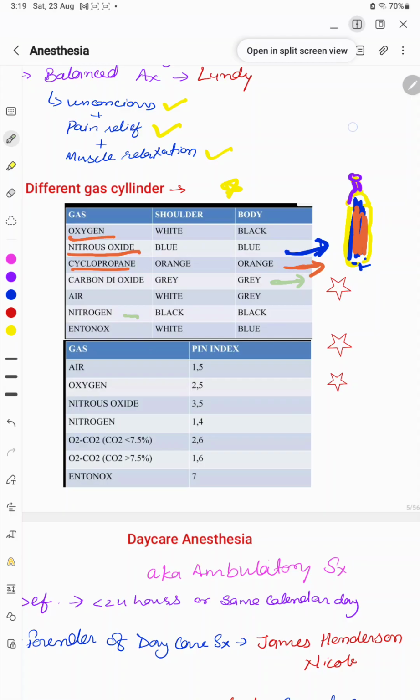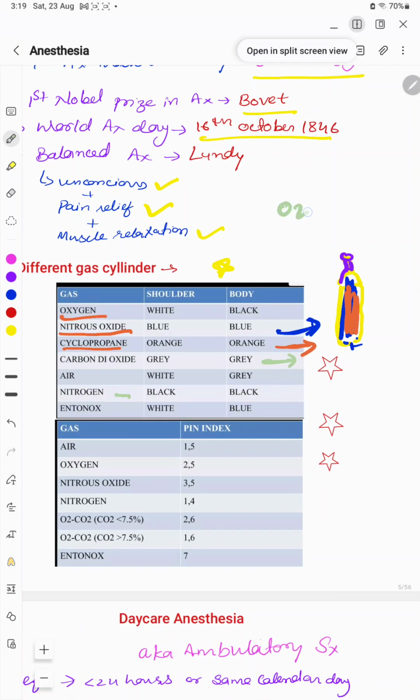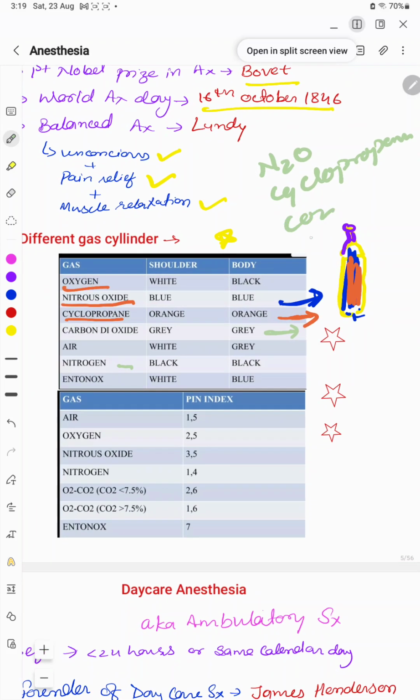So you can see oxygen, nitrous oxide, cyclopropane, carbon dioxide and nitrogen. You can write like this.